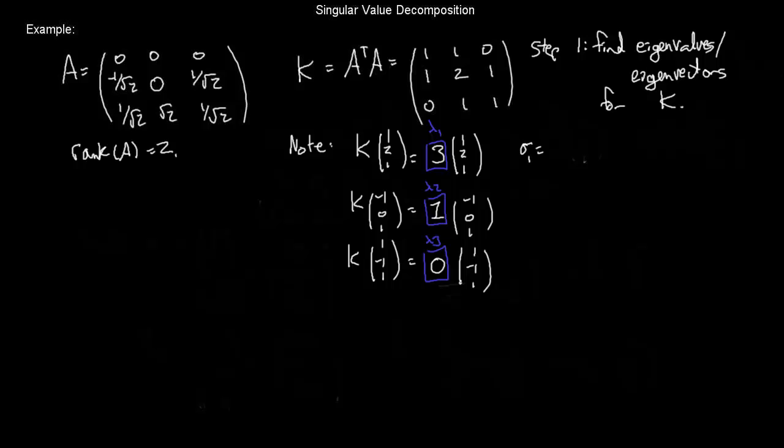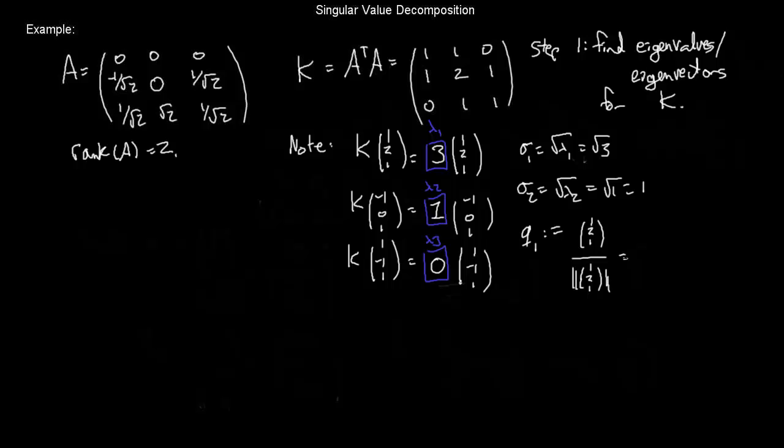I take their positive square roots to get the singular values of A. That is, sigma 1 is the square root of 3, and sigma 2 is the square root of 1, that's 1. Now I define Q1 to be the first singular vector normalized. So that is 1, 2, 1 divided by its norm. And so I compute exactly what that is.